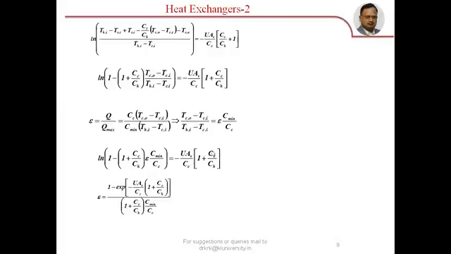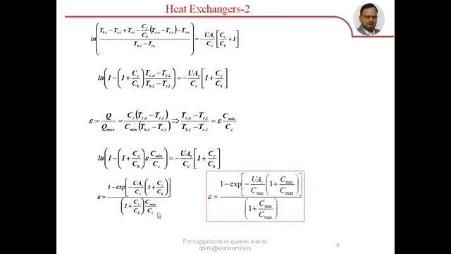I am assuming C minimum as CC, so CC by CH is C minimum by C maximum, and this is also C minimum, and the CC and C minimum cancel out. You will get effectiveness is equal to 1 minus e to the power minus UA by CC into 1 plus CC by CH divided by 1 plus CC by CH into C minimum by CC.